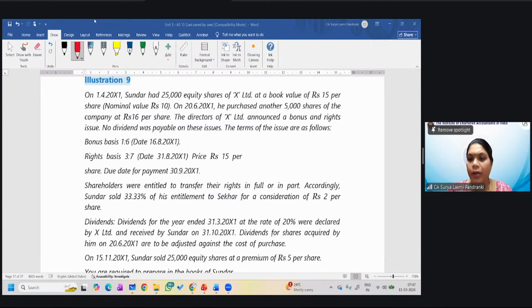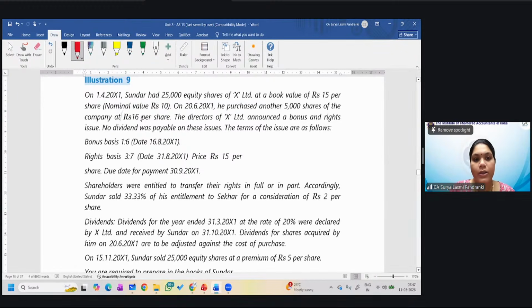Someone is asking whether market value and nominal value are both the same. No, both are not the same. In this question, they told us the nominal value is 10 rupees, right? This is the nominal value or par value, we can say. But what is market value? If you have to go to the market and buy that particular company's share today, what is the price?